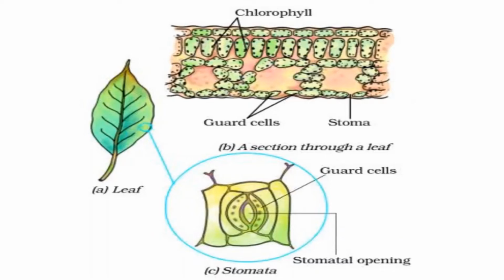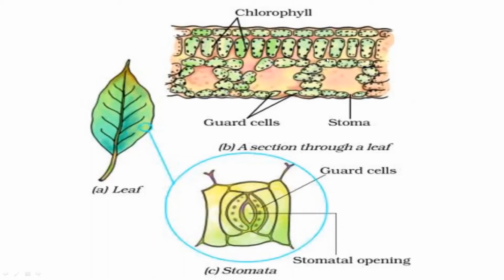See, this is the internal structure of the leaf, or the transverse section of the leaf. This is the upper epidermis, this is the lower epidermis, and they are covered by the layer cuticle, which helps the cells prevent any kind of external injury.